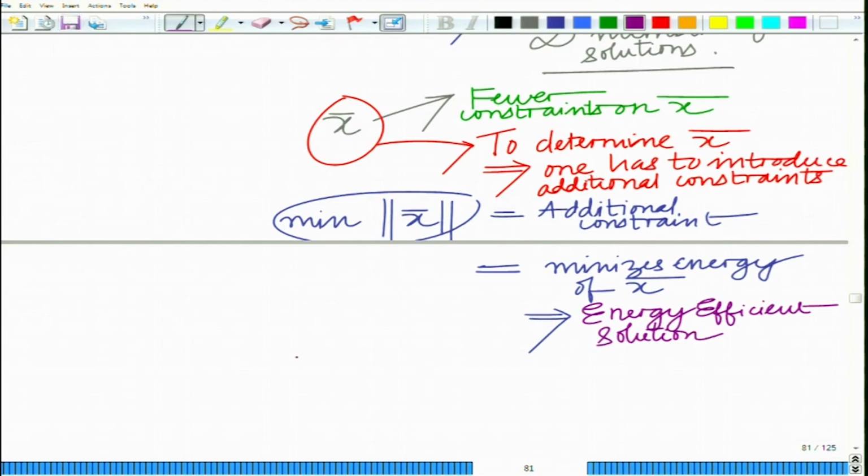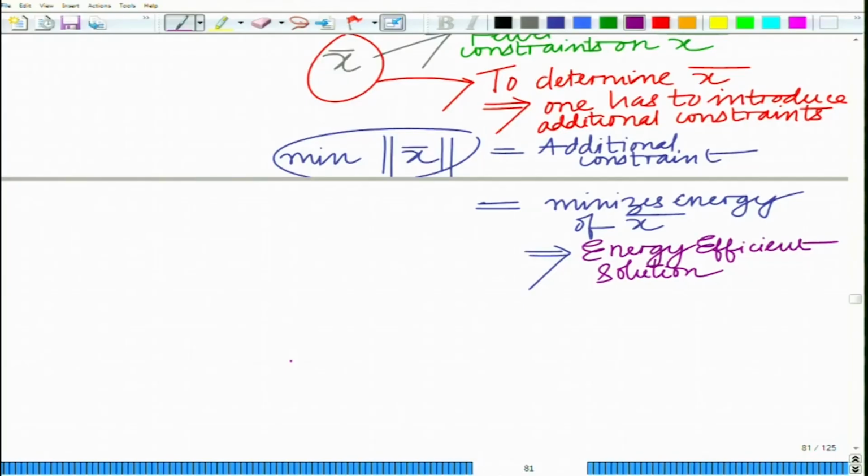What does it say? Remember we said it has infinitely many solutions. x bar is not unique, there are infinitely many possible values of x bar, because it is an underdetermined system. Out of all these x bar, find the one that is minimum norm, that has the minimum energy. That is the solution that we desire, and that is how we are constraining this problem, and this is precisely known as the least norm problem.